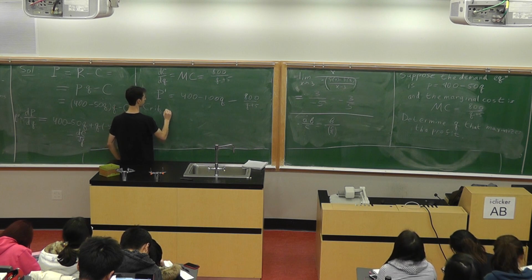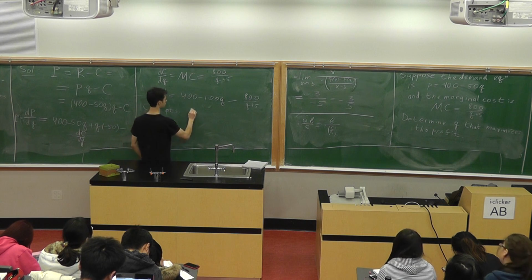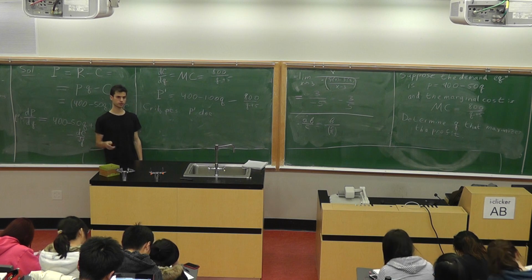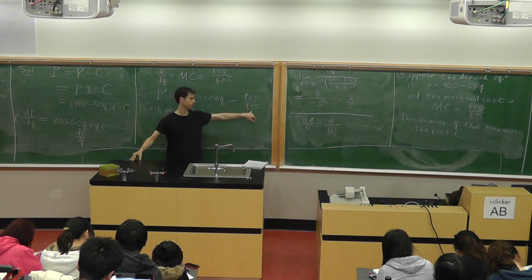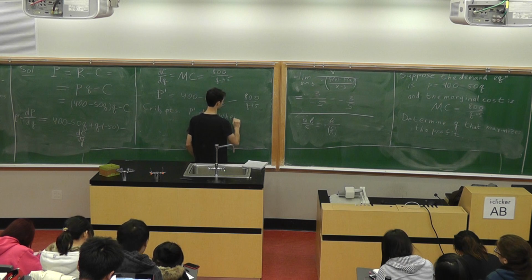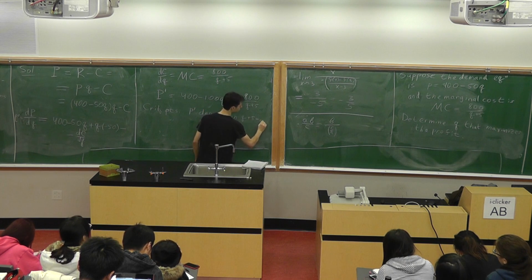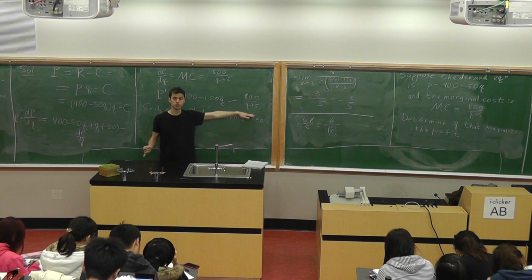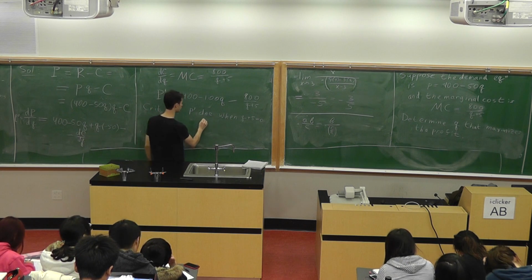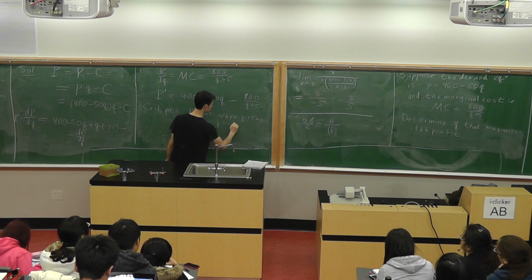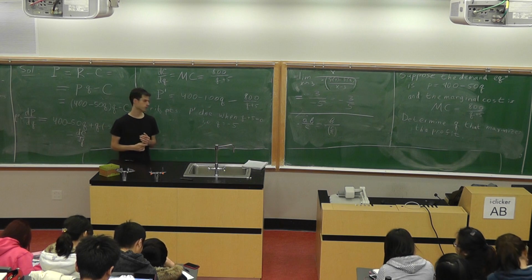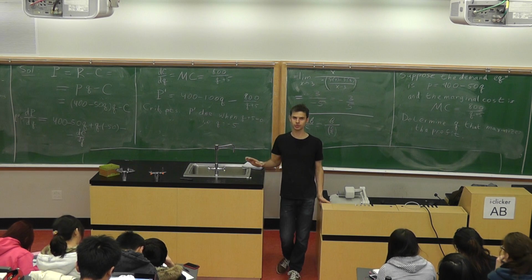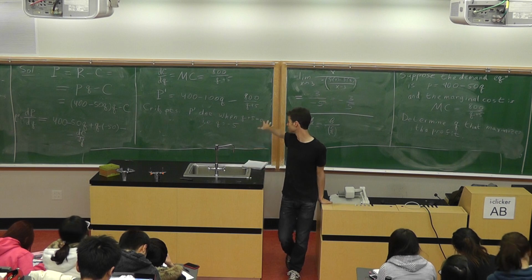Critical points: P prime does not exist. Well, there is a point where it does not exist, when Q plus 5 is equal to 0. When the denominator here is 0, the derivative does not exist, i.e. Q is minus 5. So true, it is a critical point, but it shouldn't really worry us. We shouldn't be concerned about this.